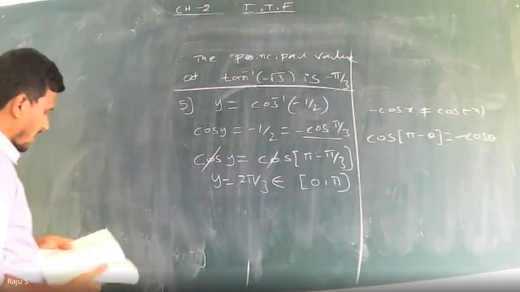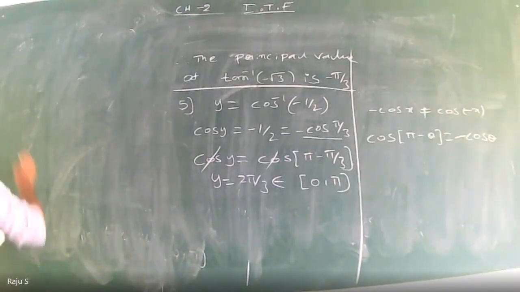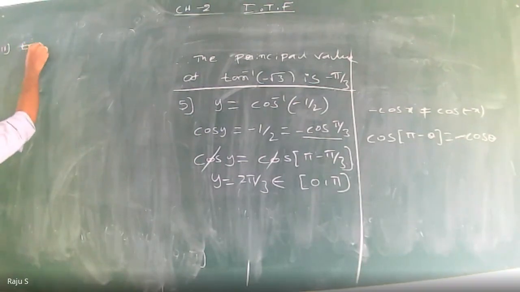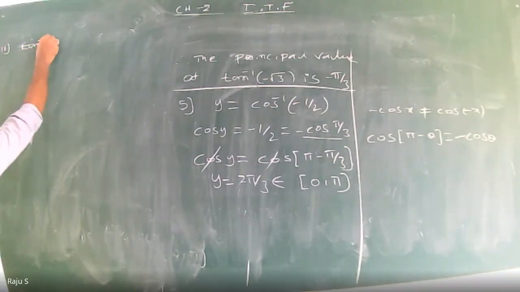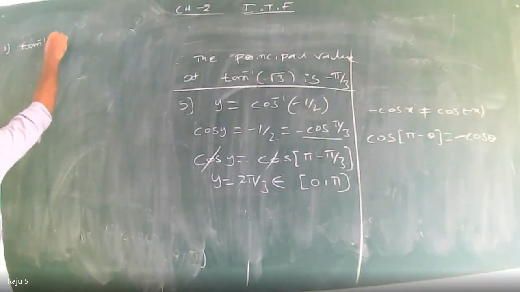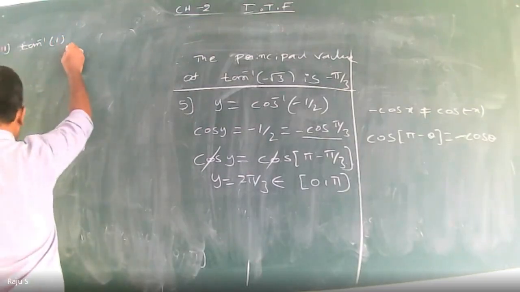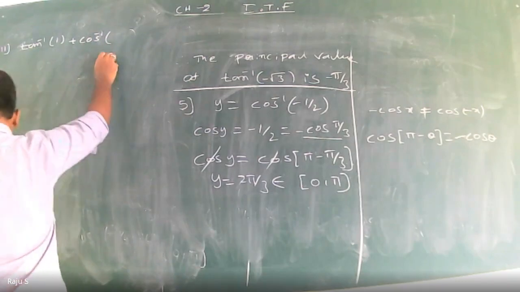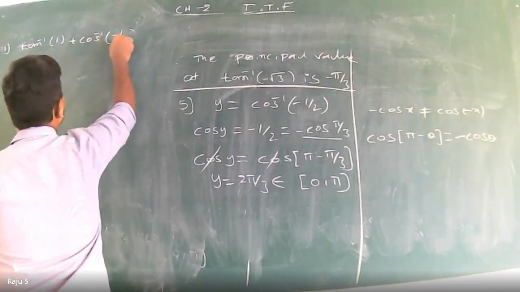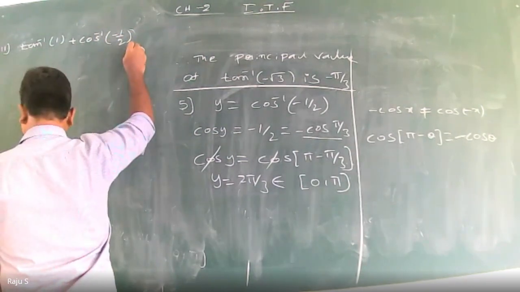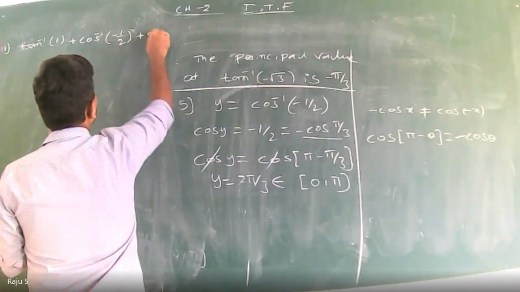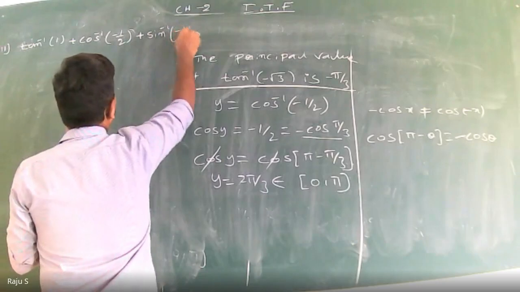So question number 11 is: tan inverse of 1 plus cos inverse of minus 1 by 2 plus sin inverse of minus 1 by 2.